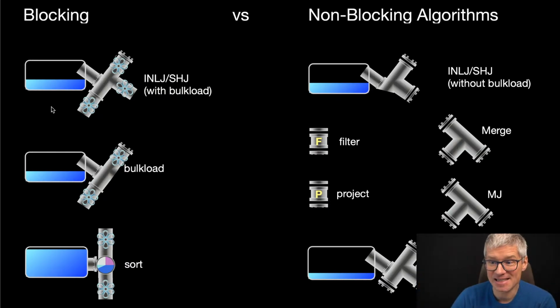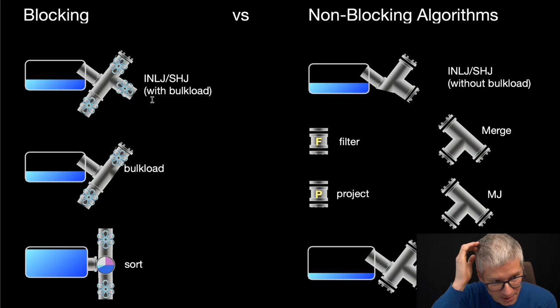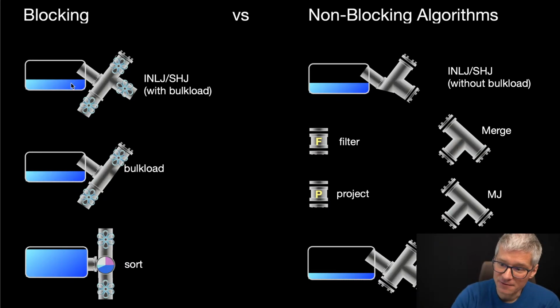But once the hash table has been built, the right input is probed without blocking. You can draw tuples independently from the right input, probe them against the hash table, and if there's a join result, you pass it on directly to the next stage in the pipeline. So it's blocking with respect to the left input, but not with respect to the right input.